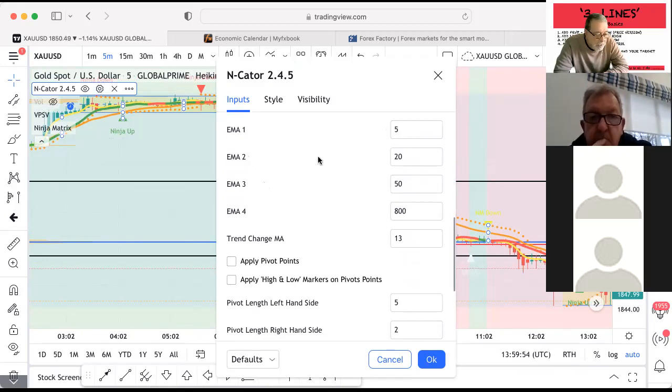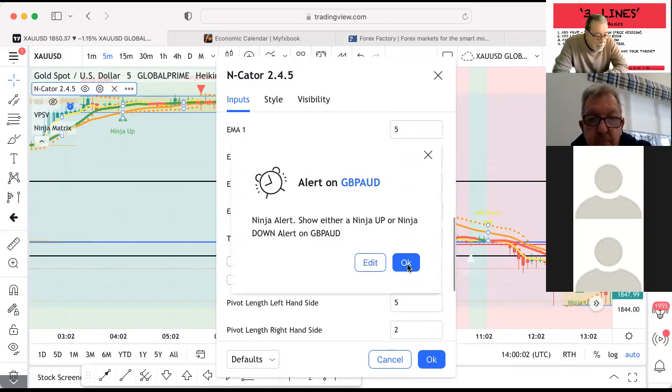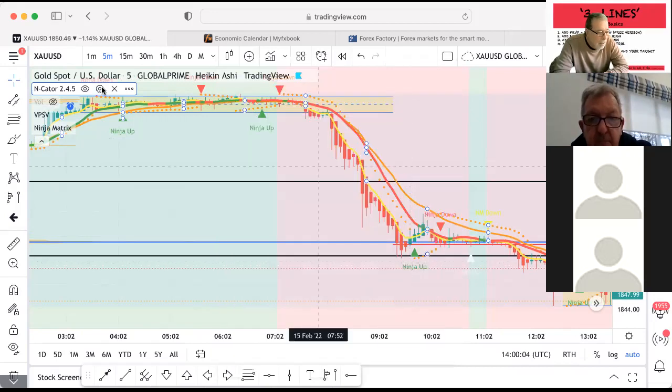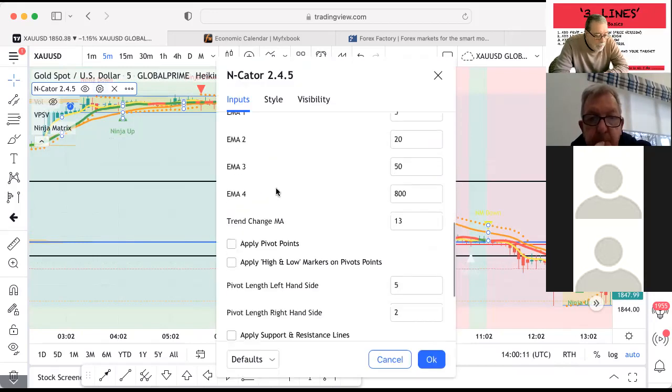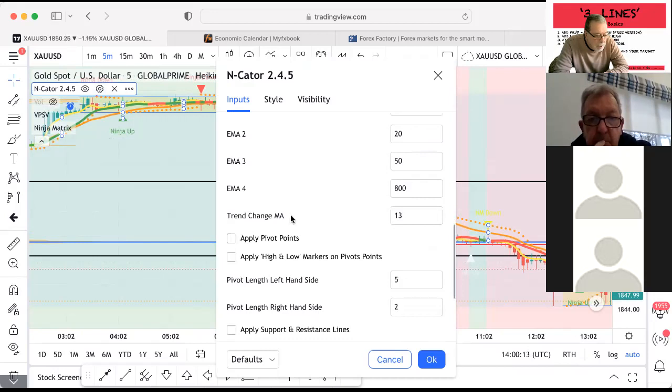I've got EMA 2 at 20 moving average. I ignore 3 and 4, and the one that is automatic is a trend change M3, which Kevin has programmed in as 13 MA. So those are the three that I've got.